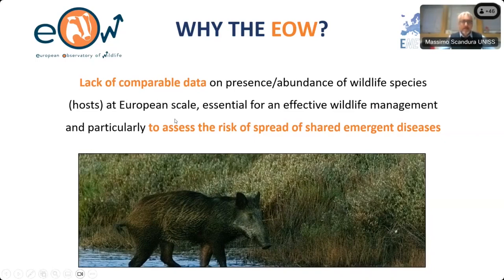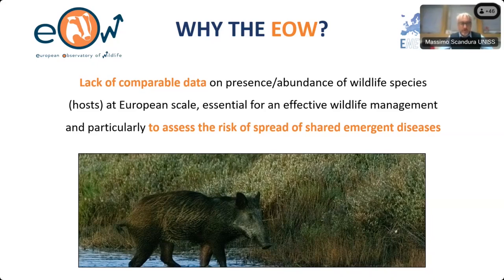As already mentioned by Ezio, the main aim of the observatory is to try to constitute a network of observation sites where comparable data on presence and abundance of wildlife are collected that can be used to model species abundance, species density at a continental scale.